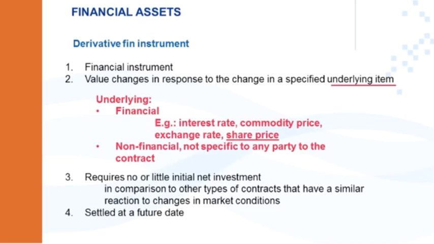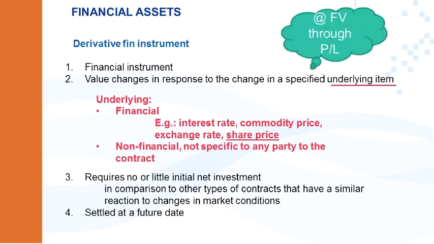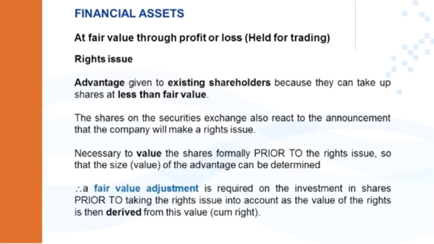You only receive the rights because you are an existing shareholder. You do not have to pay for it. And it is settled at a future date, either by exercising the right or on expiry date. All derivative financial instruments are mandatory in the category at fair value through profit or loss.